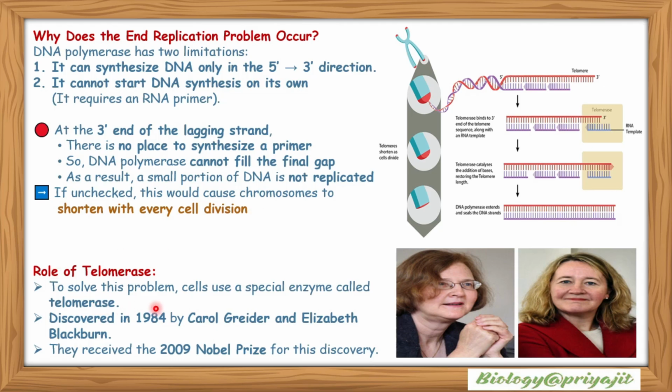So, the role of telomerase. To solve this problem, cells use a special enzyme called telomerase, which was discovered in 1984 by Carol Greider and Elizabeth Blackburn, and both of them received the 2009 Nobel Prize for their discovery.